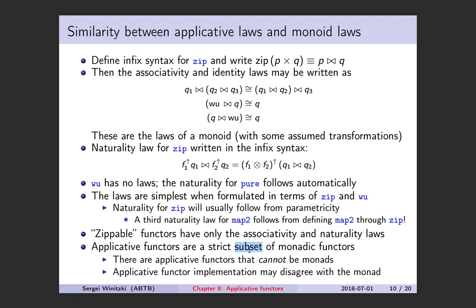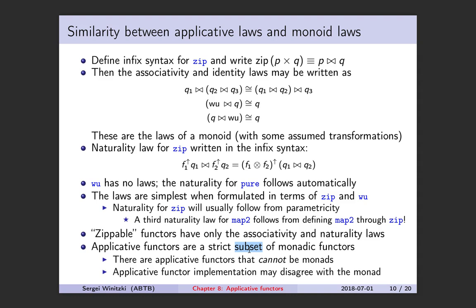And we have already seen that in the first part of this tutorial, when, for example, for the either functor, the monad implementation would take only the first error in the computation, and we want to gather all errors. So we define an applicative functor differently so that it collects all errors.